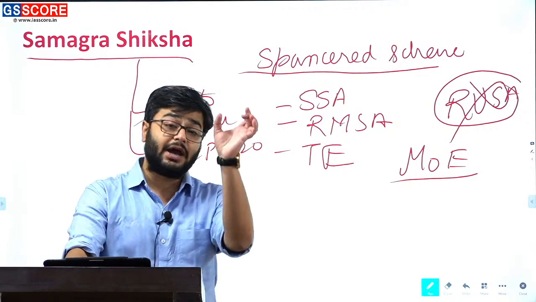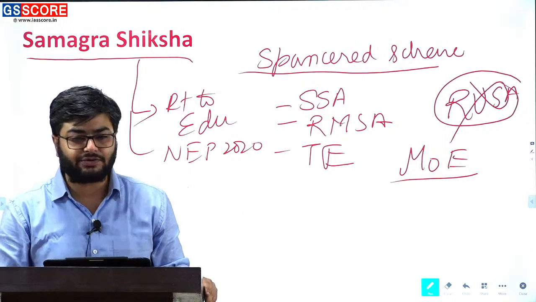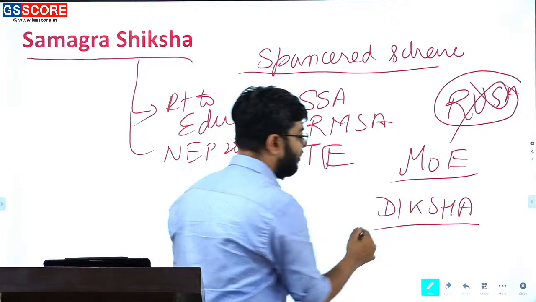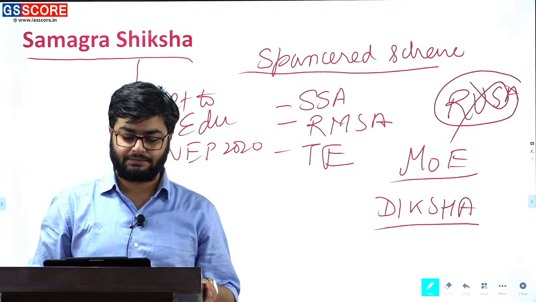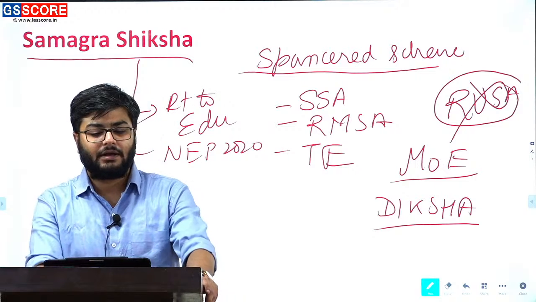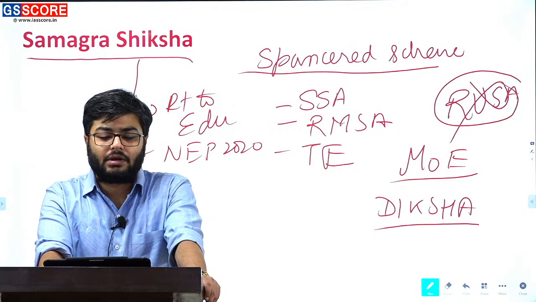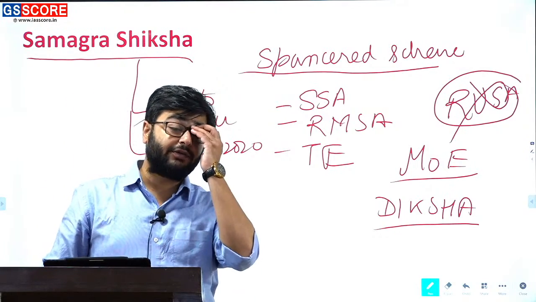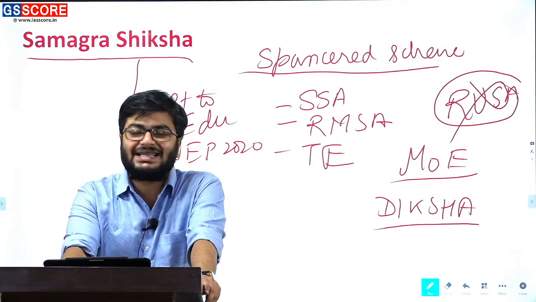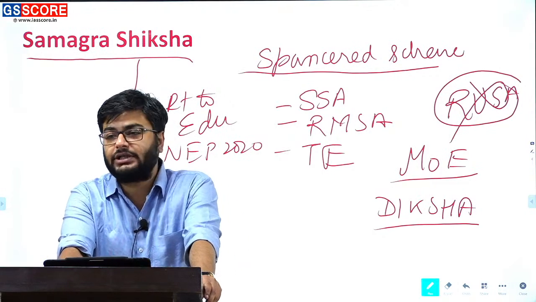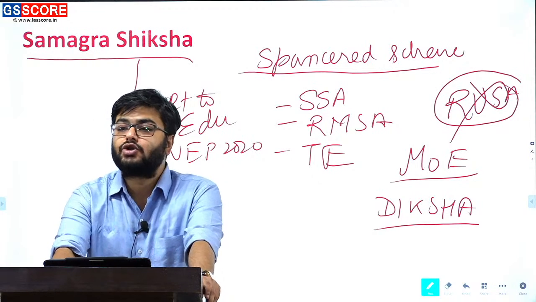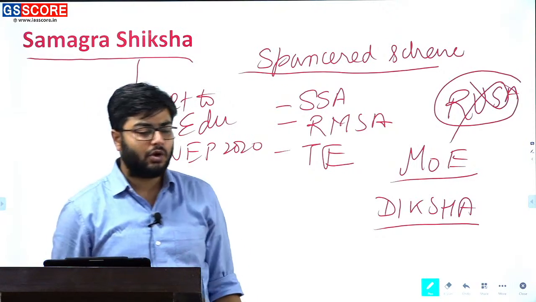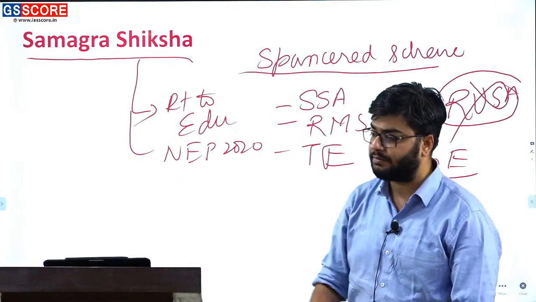If you look at digital initiatives under this, one is Diksha. So, girl child, children with special needs, SC, ST, minority and out of school children, socio-economic disadvantaged group. And if you look at it, it is not just about enrollment.